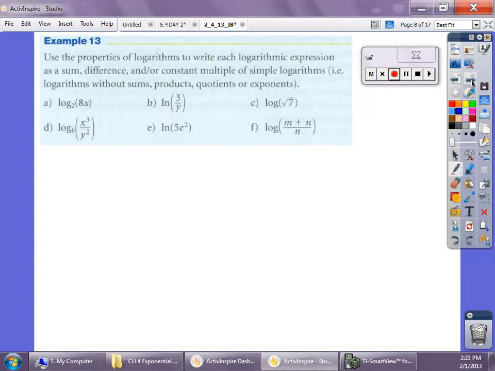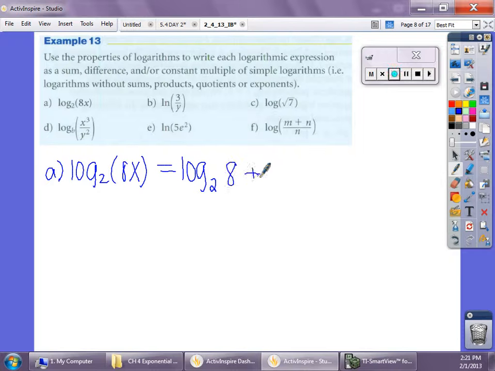So let's do one easy one. Let's do letter A, log base 2 of 8x. This is a log with a product, so the product can now become a sum. And then let's do one harder one. Let's do letter D. So log base b of x cubed over y squared.